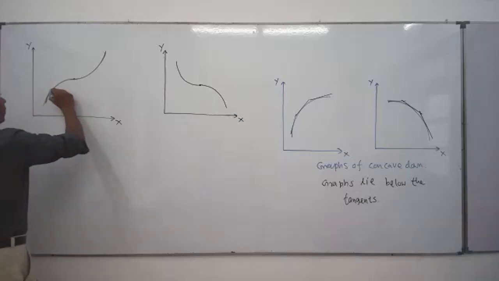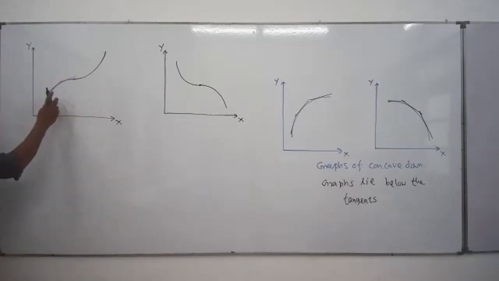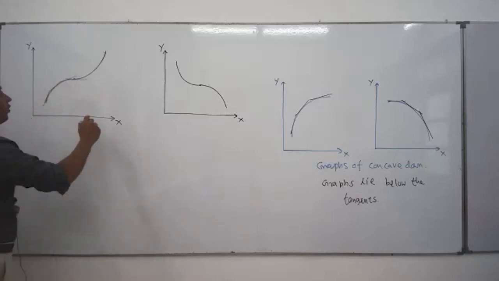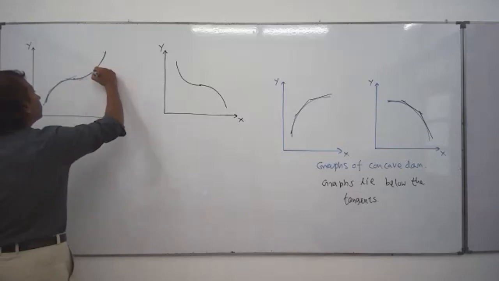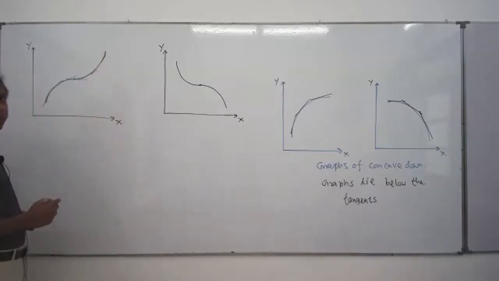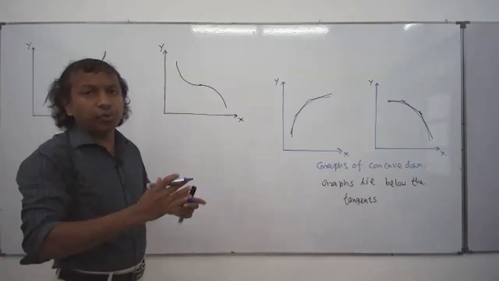You can see when we draw the tangents, here the graph lies below the tangents, concave down. And when we draw the tangent at this stationary point, the tangent crosses the graph like this. Thereafter, if I keep drawing the tangents to this graph, you can see the graph is concave up.